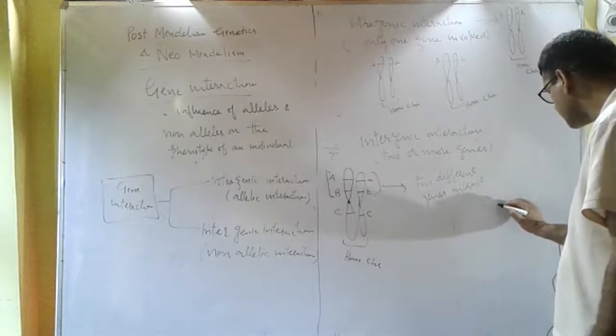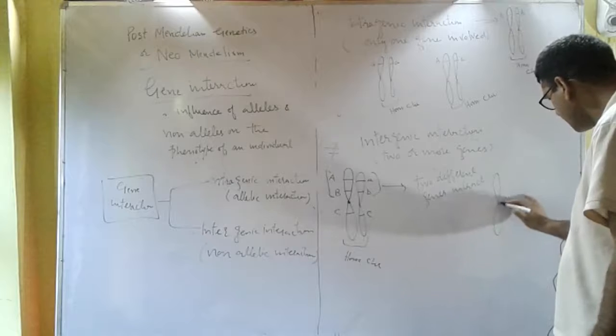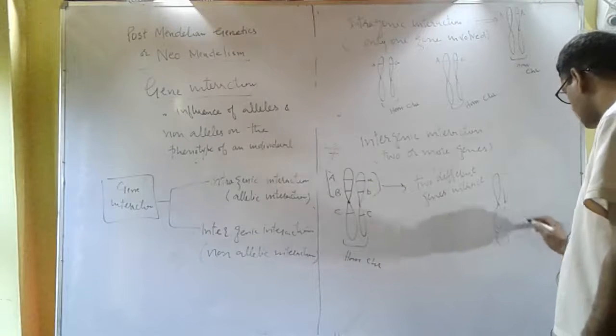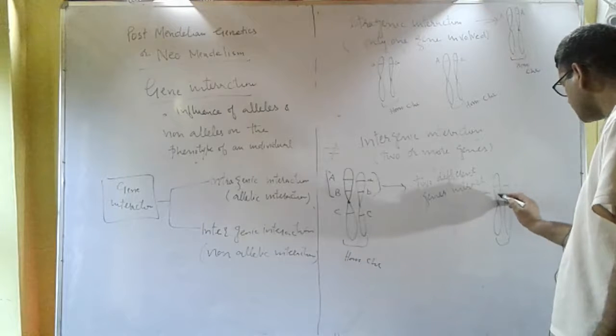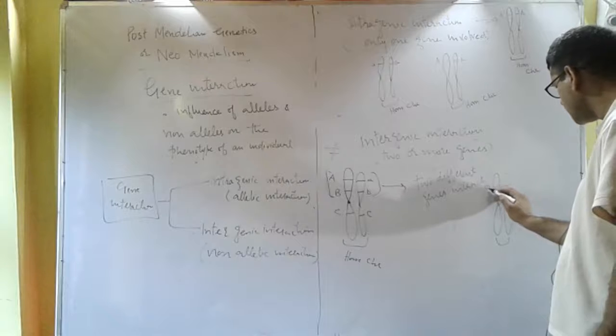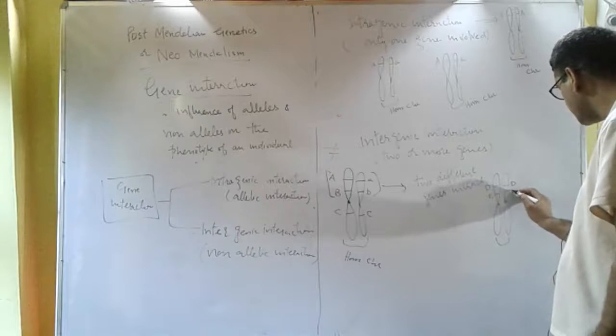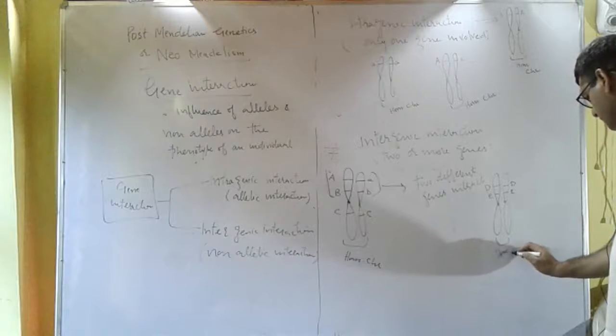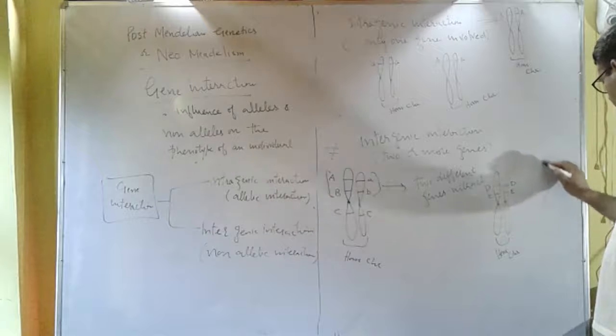So it would be like this. These are homologous chromosomes. We have D allele and D allele, E allele and E allele. This is a homologous chromosome. Same is the case we have here.